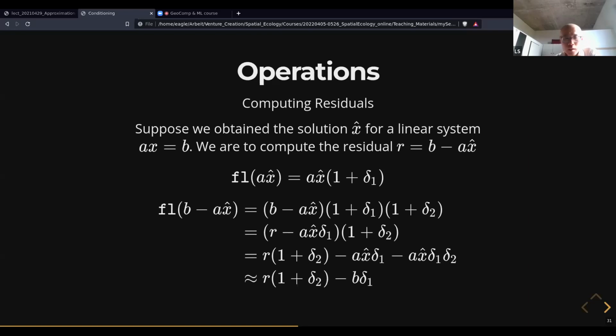Actually, it's not only the residual itself, it's the residual r times delta 2 minus another term. So the residual that you calculate from your system is not necessarily just the residual. It's a mixed error propagation from your computation plus the residual of your system. I hope I made it clear.